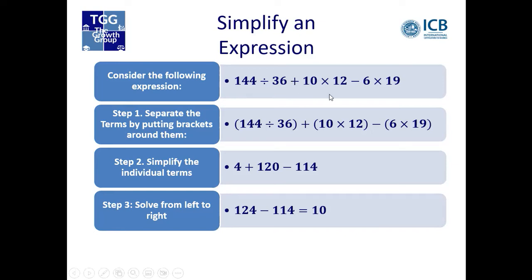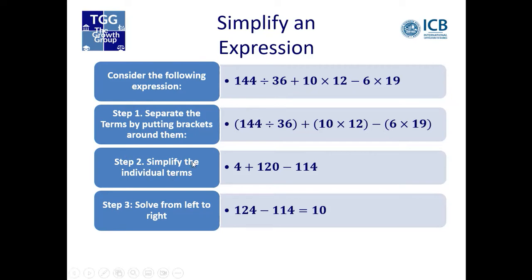There's a plus sign there and a minus sign there. What is on the left of the plus sign? It is 144 divided by 36. What is to the right of the plus sign? It is 10 times 12, and then we have another minus sign, and on the right of that minus sign we have 6 times 19.